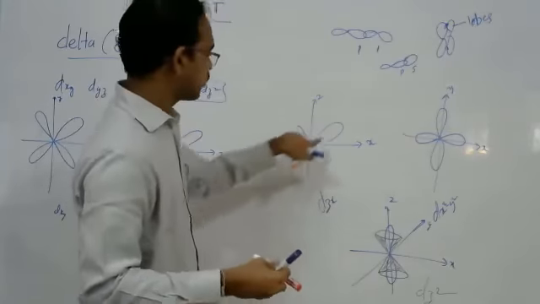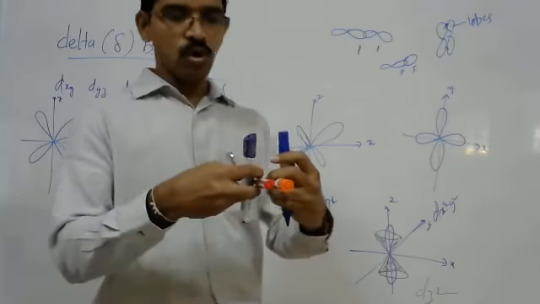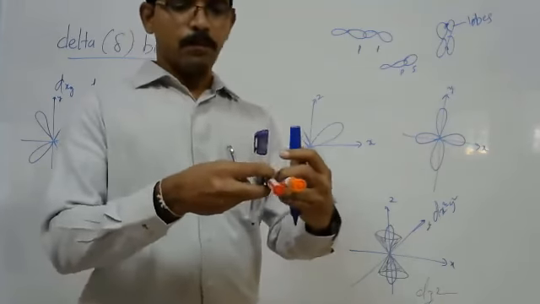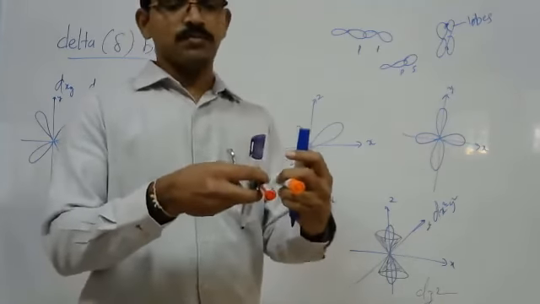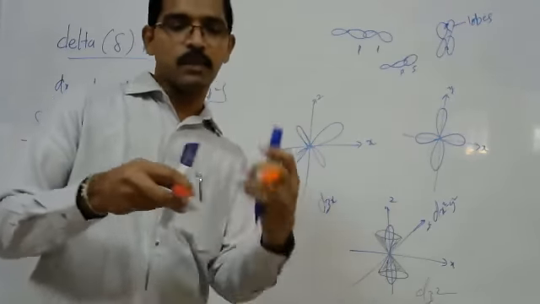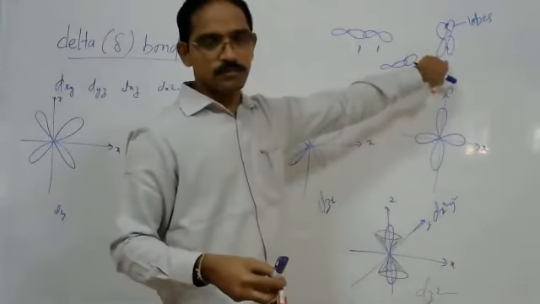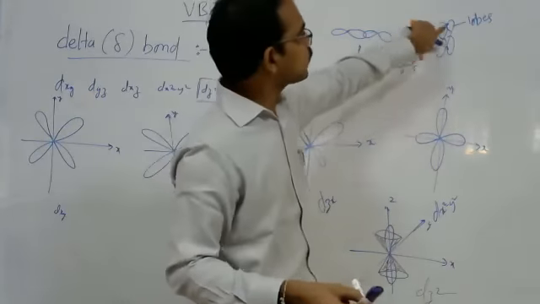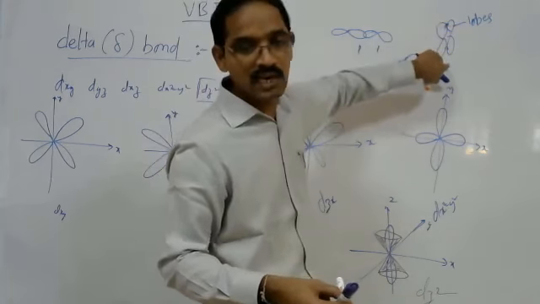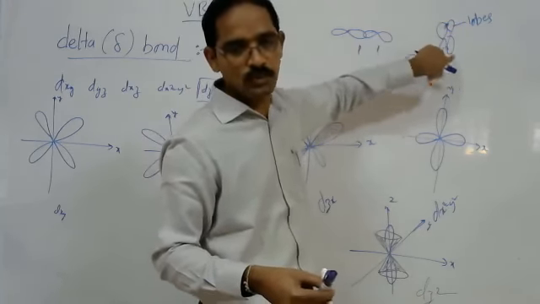This is the lobe. These 4 lobes undergo lateral overlapping. It is like a pi bond, but a pi bond specifically, PP pi bond, has only 2 lobes overlapping laterally.